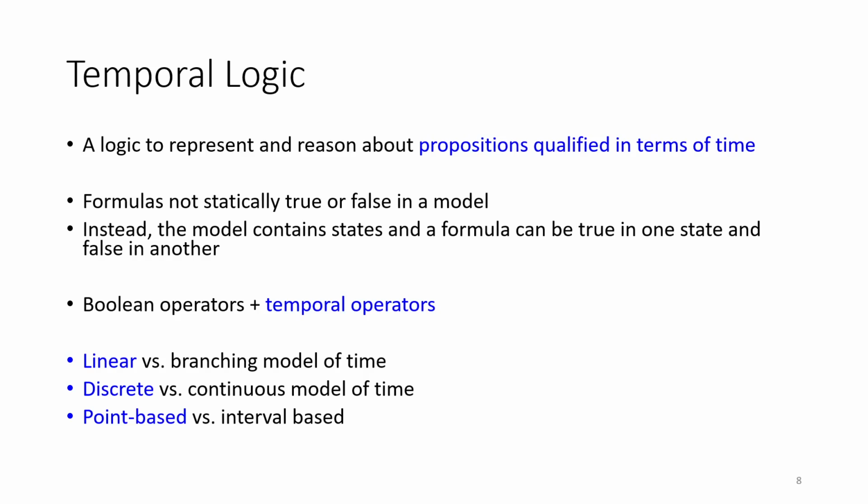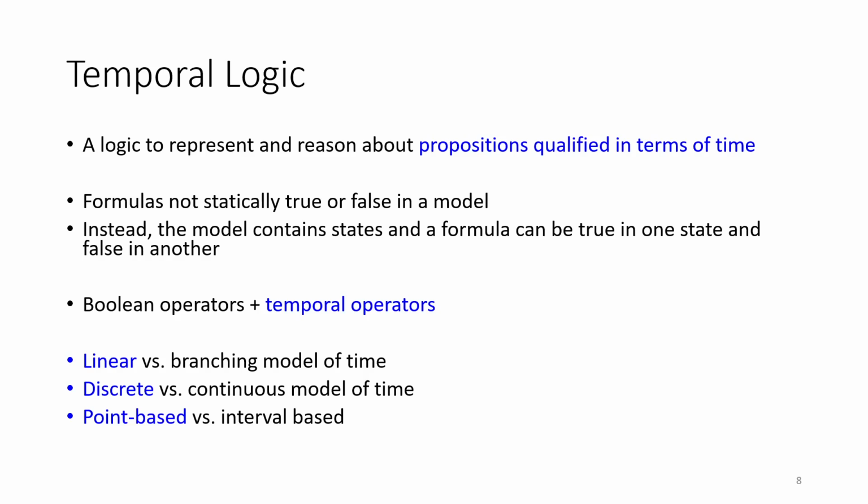Because usually what you do is you need to sample measurements of the continuous time in the discrete time, because you have some CPU running, some microcontroller, and then it gets a bit tricky. And then there's also point-based versus interval-based temporal logics.